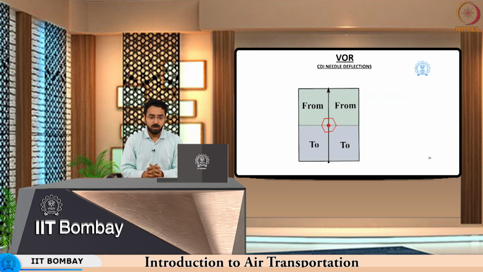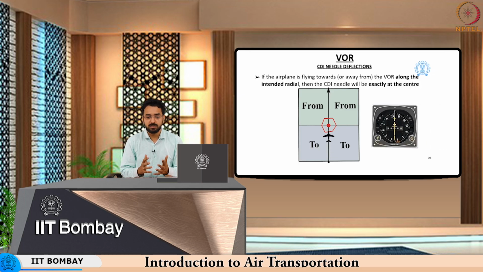Let's understand the different deflections that are associated with VOR CDI equipment. For instance, a plane has selected a particular course and is on the selected path. The CDI indicator will be aligned in the middle and will show a to direction if it is approaching from the to sector.